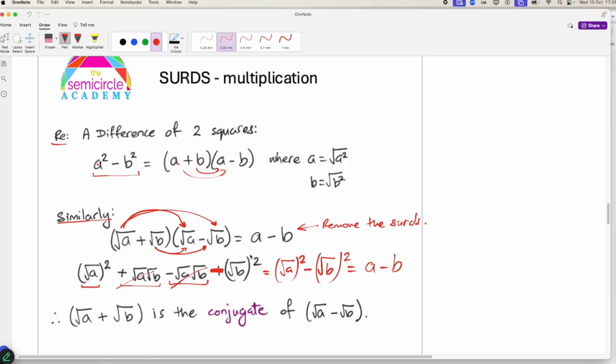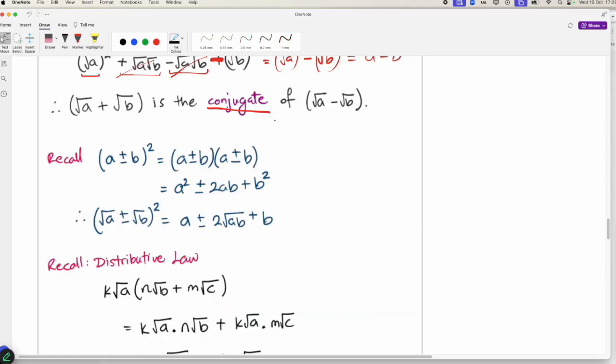We actually don't like them very much. When I multiply one, which you could say is the opposite of the other, the surds cancel out. We call this the conjugate. So root a plus root b is the conjugate of root a minus root b. This conjugate form is what we will use to do something called rationalizing.